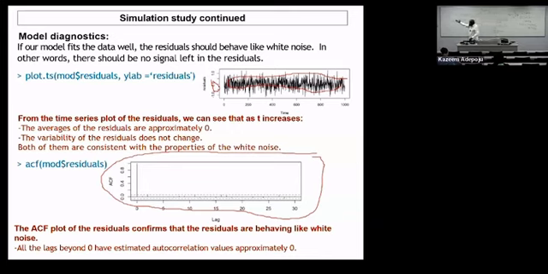What is it telling us? The model is appropriate, because the residual behaves like white noise. How do I know the residual behaves like white noise? Because in the autocorrelation function plot of the residual here, they are all within 0 as lag increases.